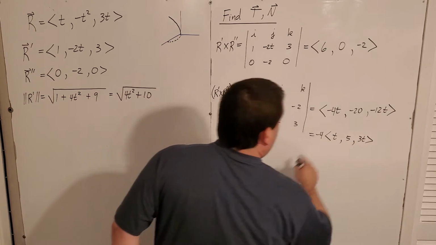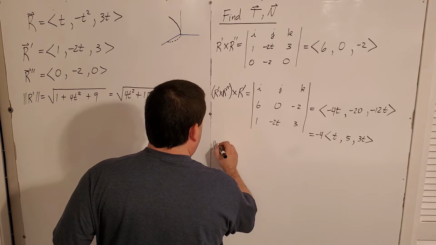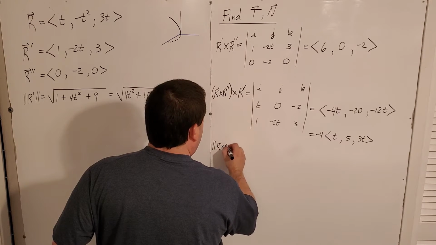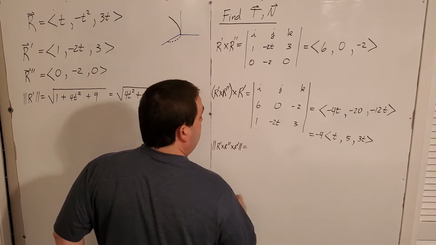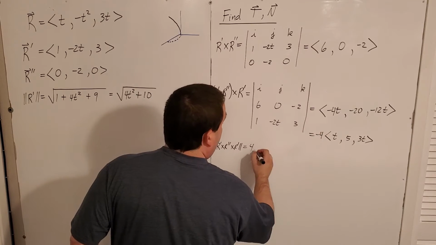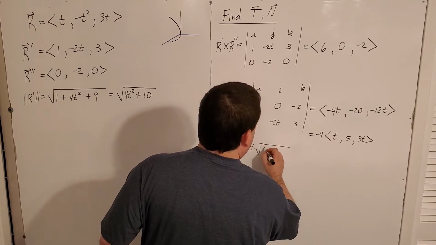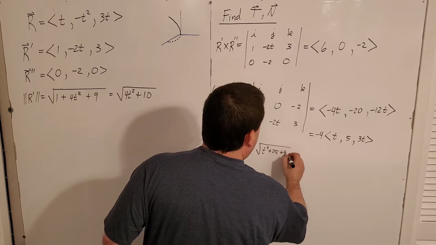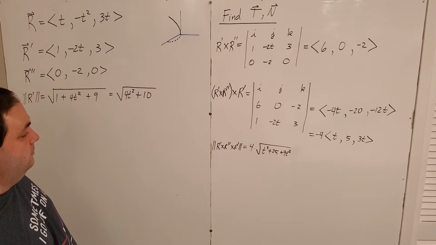Then the length here of r prime cross r double prime cross r prime is equal to the absolute value of the 4, and then times the square root of t squared plus 25 plus 9t squared, right?